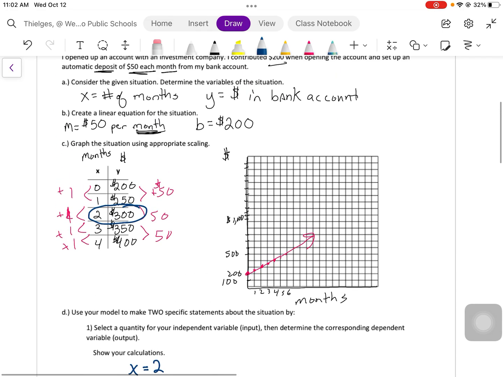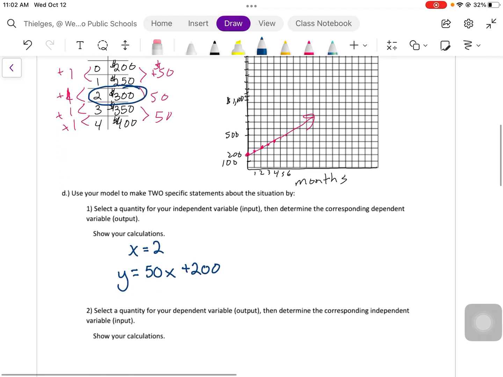Guess I didn't finish my equation, right? My slope times x plus 200. If I put 2 in, 50 times 2 plus 200. I just pick 2, you can pick whatever you want. So 100 plus 200, the y value, or the amount of money, is 300.